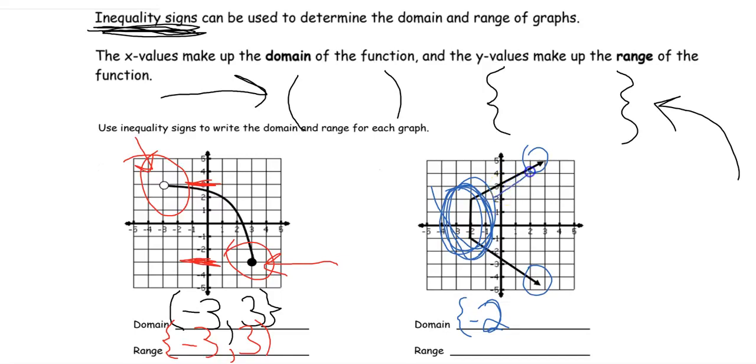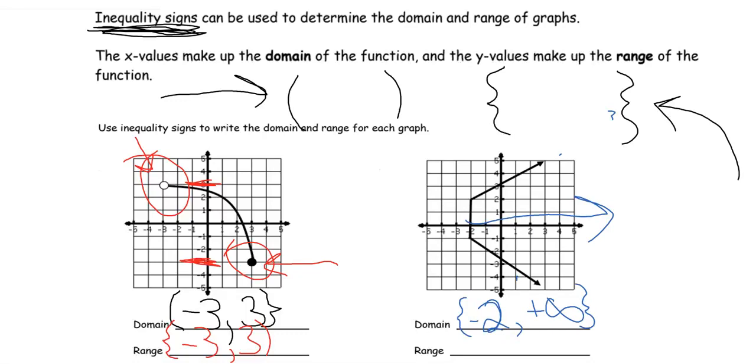Now you can see here in this direction, this arrow is going to continue that way. It'll eventually approach positive infinity in the x direction, so we are going to represent that with our positive infinity sign. So my domain, or my x values, are all the values from -2 to positive infinity.